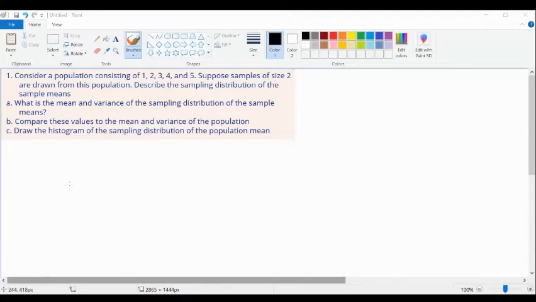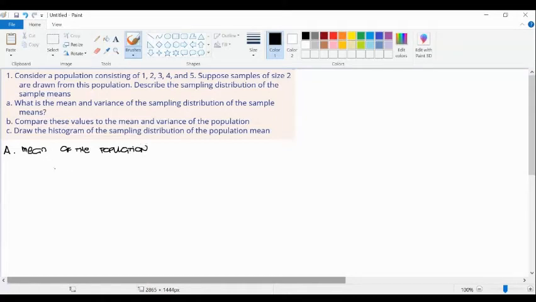So first, we're going to compute the mean and variance of the population. So how do we compute it? Let's have letter A, the mean of the population.